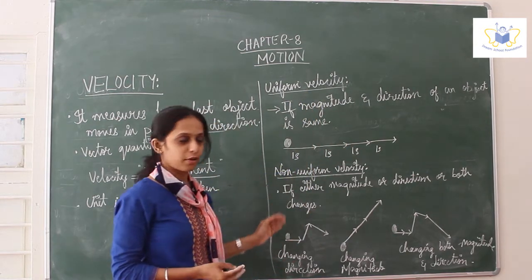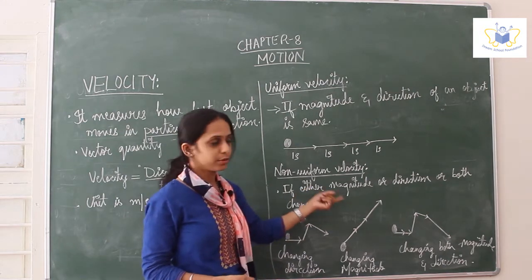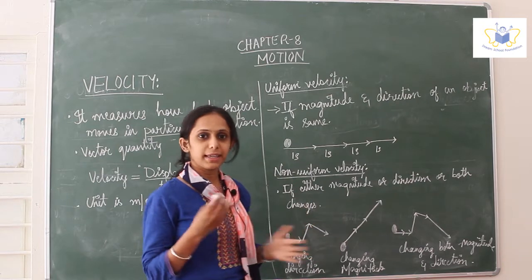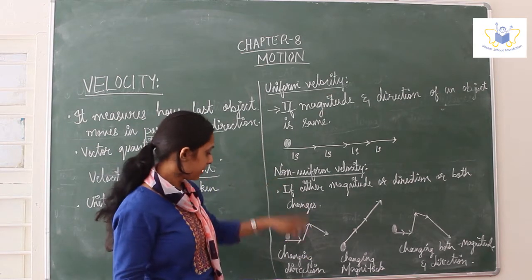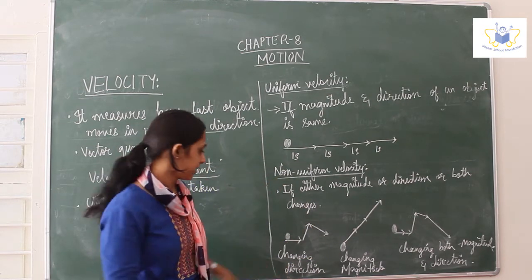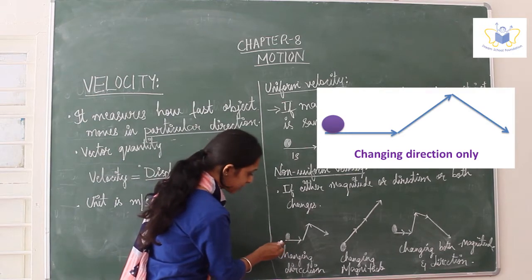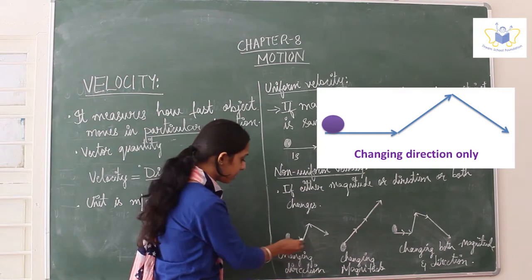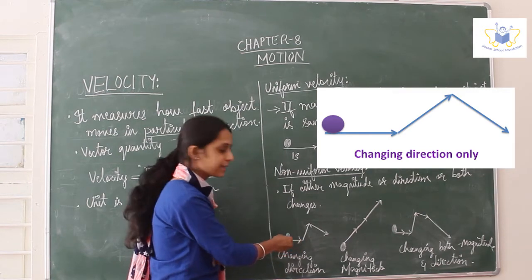Now non-uniform. If either the magnitude or the direction, or both, change, it is non-uniform. Either one changes, it is non-uniform. The first case is a change in direction. Take a ball going upward and then coming down again. Its direction is changing.